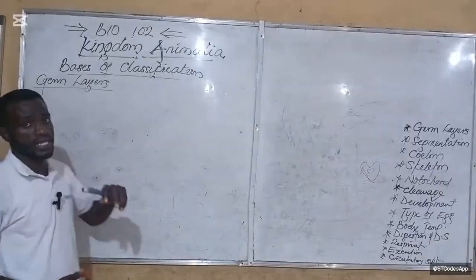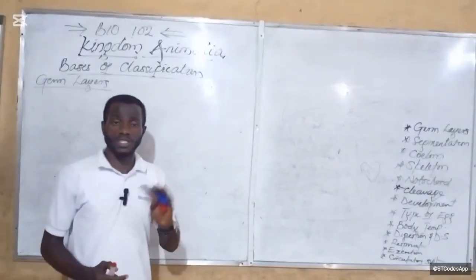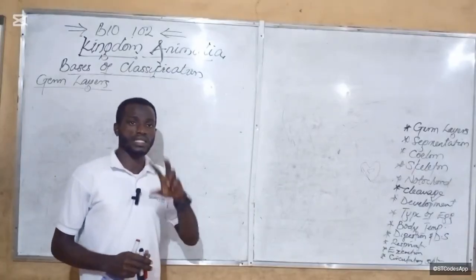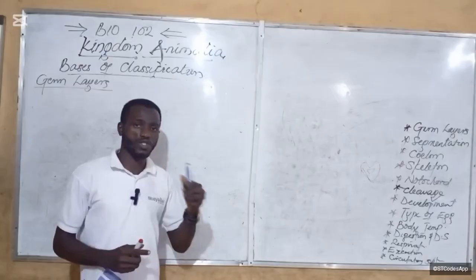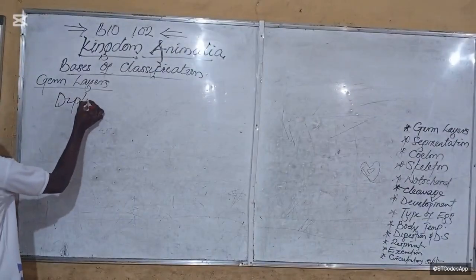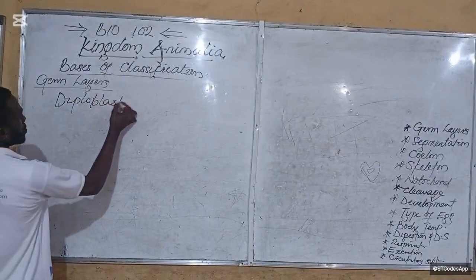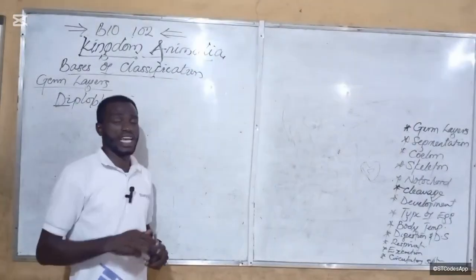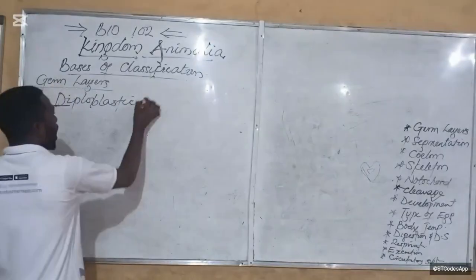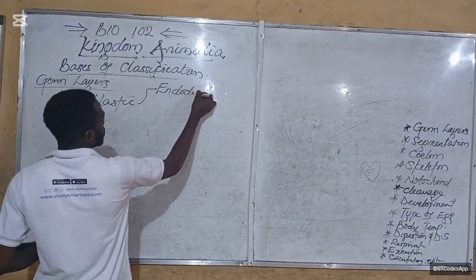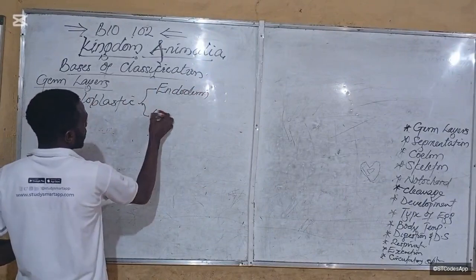So we have germ layers. Based on germ layer, organisms are classified into two basically, and they are the diploblastic and the triploblastic. Now the diploblastic, from the word di, it means two. It means that they have two germ layers, which are the endoderm and the ectoderm.